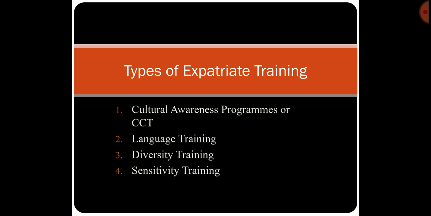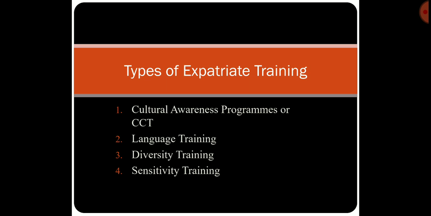Next is sensitivity training. Sensitivity training is provided by firms to improve the interpersonal skills of employees, because it is a must for expatriates doing business in host countries, where they need to communicate with employees of other countries. They should create a sense of feeling for others when doing business.